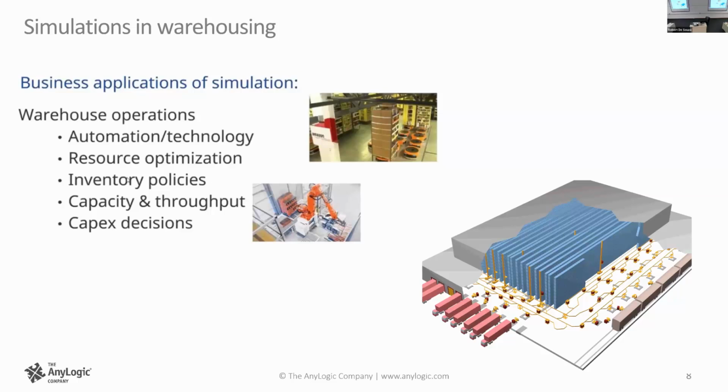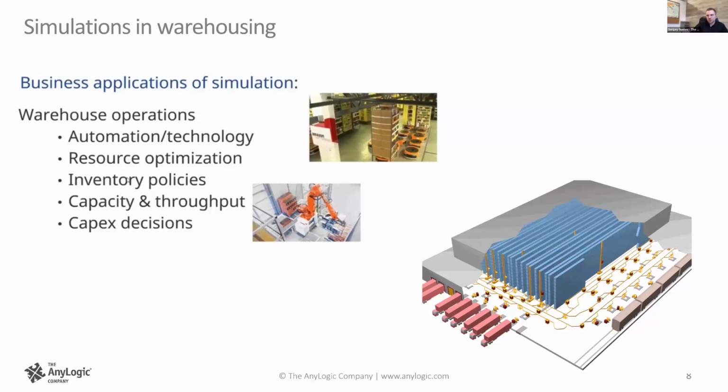What else do people use simulation for in warehousing? Resource optimization. Imagine that you have a peak of demand each December or each Black Friday. You may simulate how your warehouse will work on this demand peak and make decisions like, for example, introduce more people to the warehouse. Then inventory policies. Yes, Dima has said this.